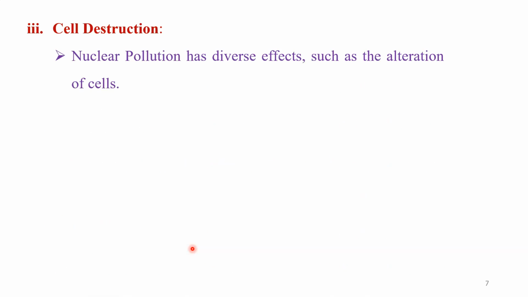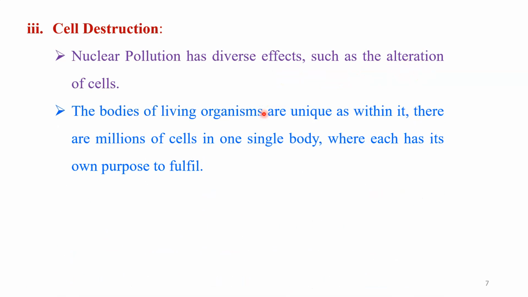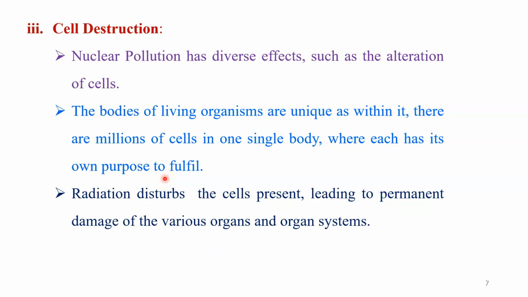If we are talking about cell destruction, nuclear pollution has diverse effects such as the alteration of the cells. The bodies of living organisms are unique, as within them there are millions of cells in one single body where each has its own purpose to fulfill. Dear student, the radiation disturbs the cells present, leading to permanent damage of the various organs and the organism system.